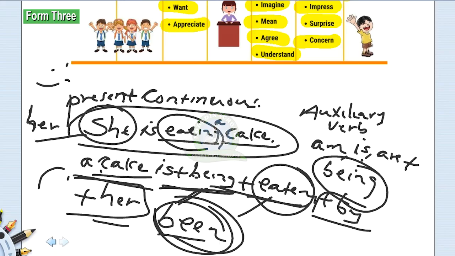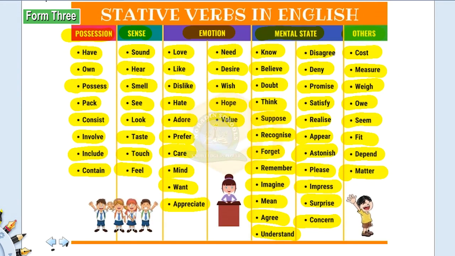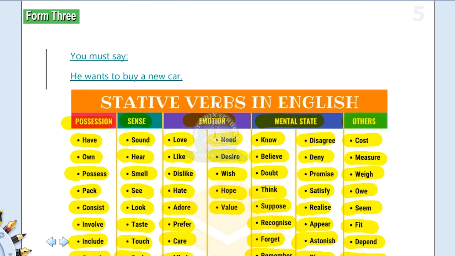This must be the example. I will write one example here, and I want you please to answer that example. I'll give you a second, and you have to try to answer this.